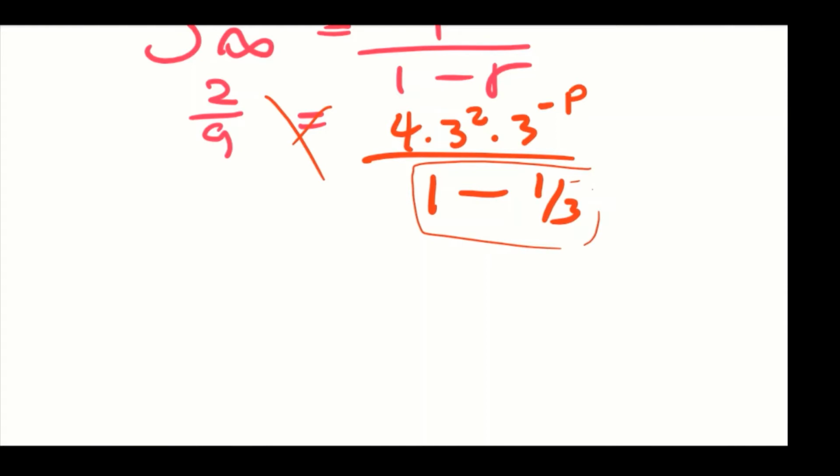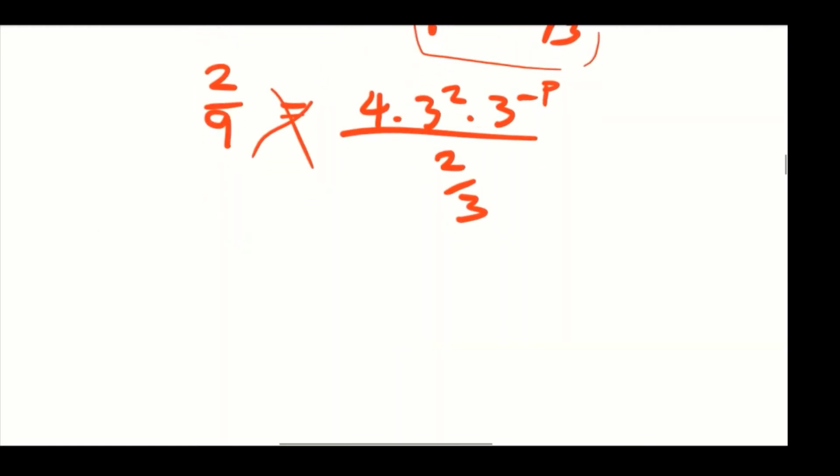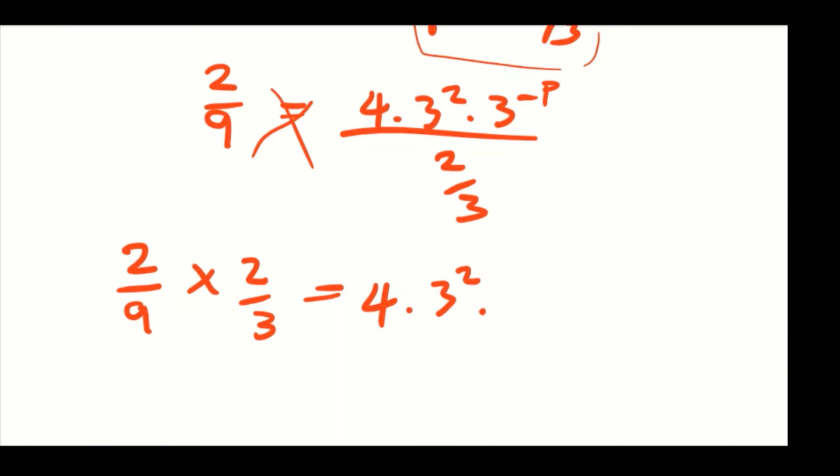So what we're going to have is 2 over 9 is equal to 4 multiplied by 3 to the power of 2 multiplied by 3 to the power of minus p, divided by 1 minus 1 over 3, which will give you 2 over 3. Then we cross multiply. You're going to have 2 over 9 multiplied by 2 over 3 being equal to 4 multiplied by 3 to the power of 2 multiplied by 3 to the power of minus p, right?